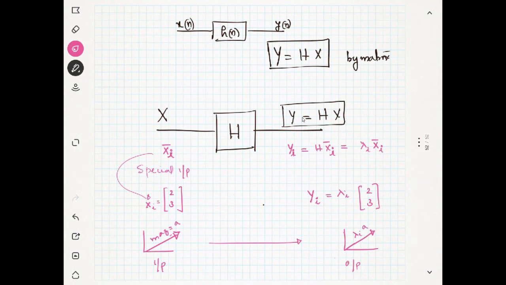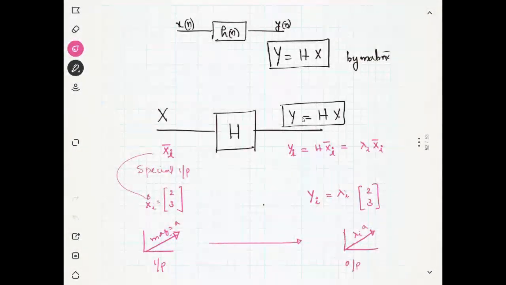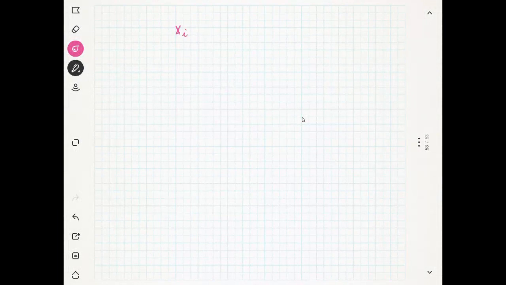If you give a special kind of input, it will not be satisfied for all inputs. There are some special inputs for some systems. If you give those inputs, the direction of the input signal vector will not change, but it will simply be scaled by a factor. You understood? So you get the output as lambda I into xi.